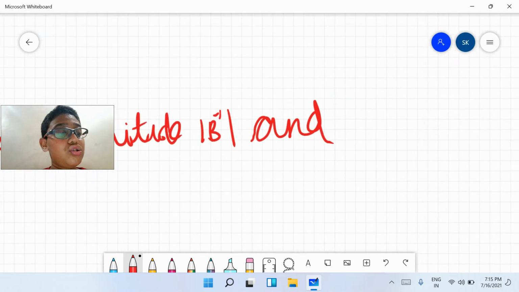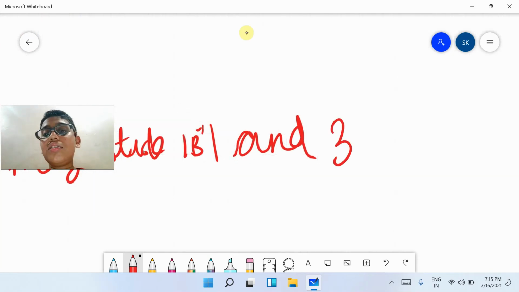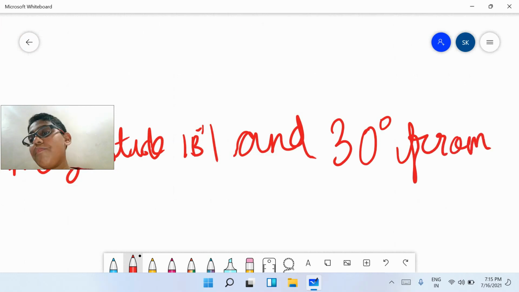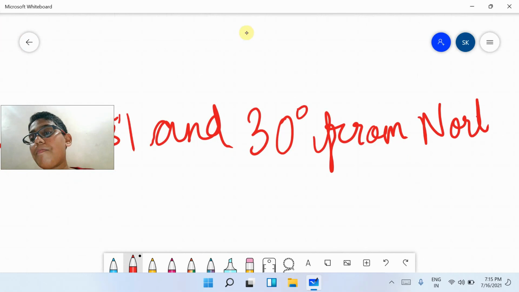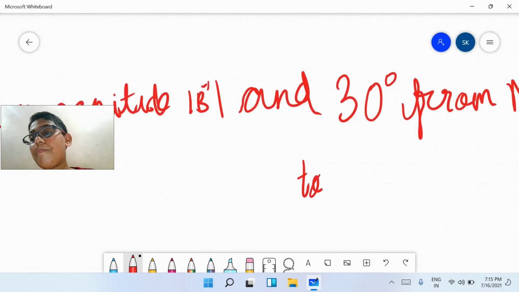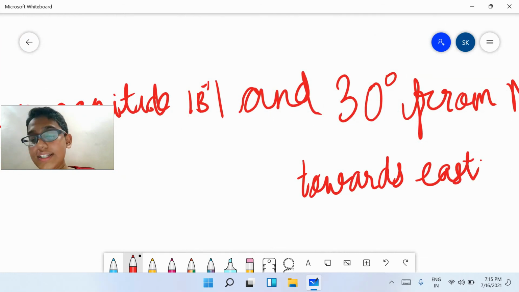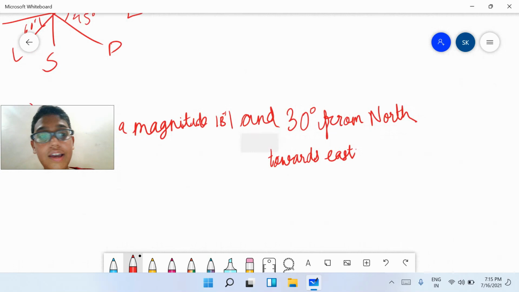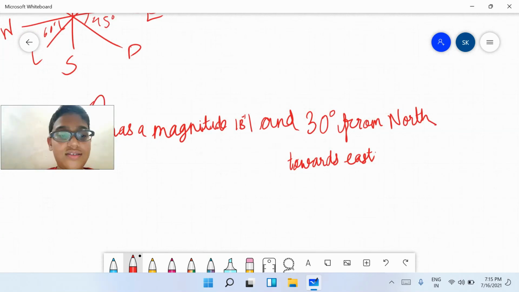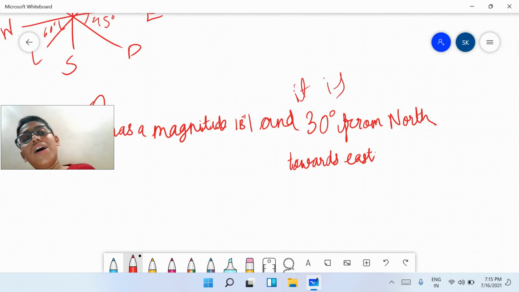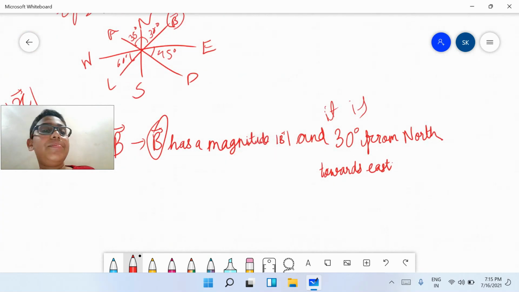So B has a magnitude of b and is 30 degrees from north towards east. Okay, so this is what a vector tells us. B vector has a magnitude of b and it is 30 degrees from north towards east. Okay, so this is the way we write something about vectors.